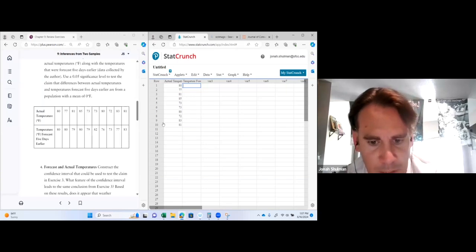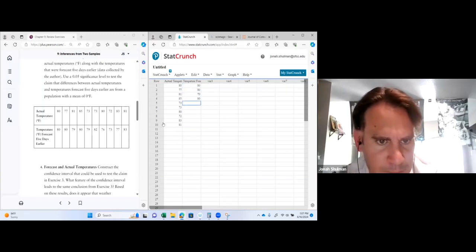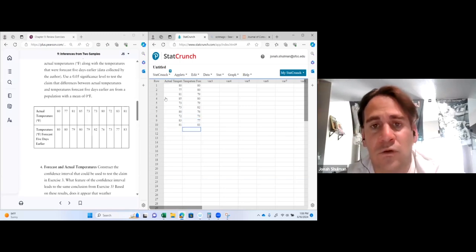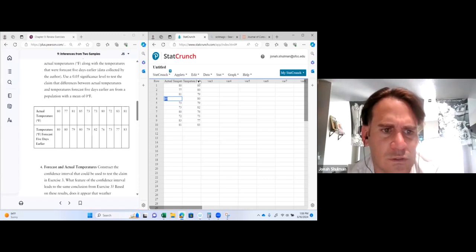Okay, and the bottom is 80, 80, 79, 80, 79, 82, 76, 73, 77, 83. Cool. So this is our actual temperature. This is our temperature forecast.